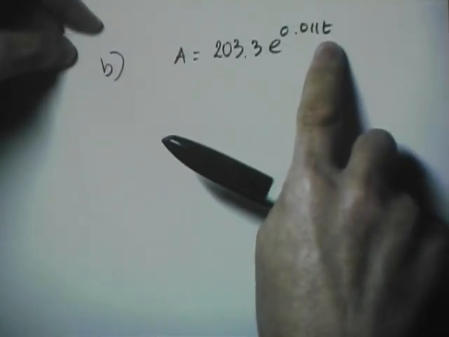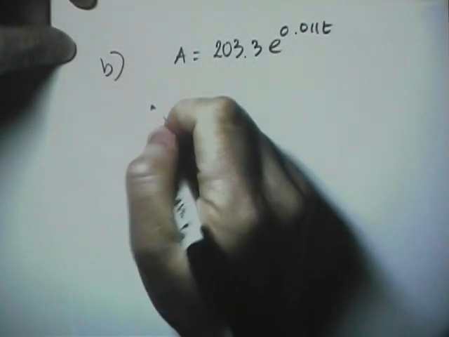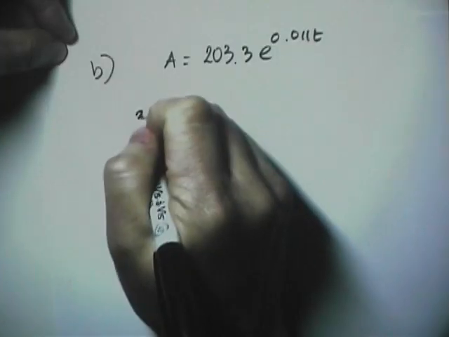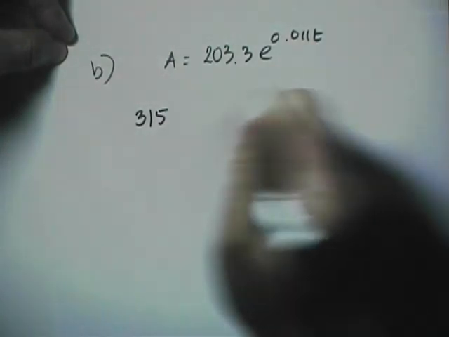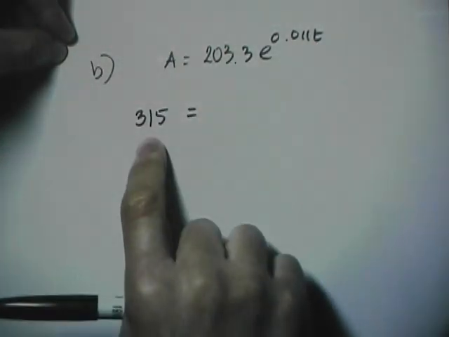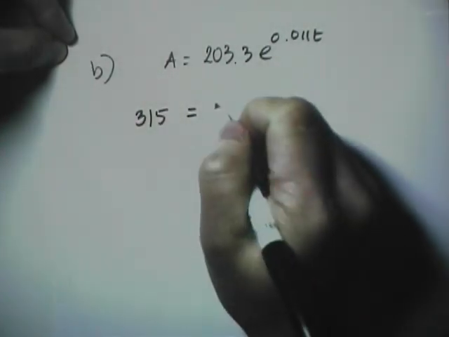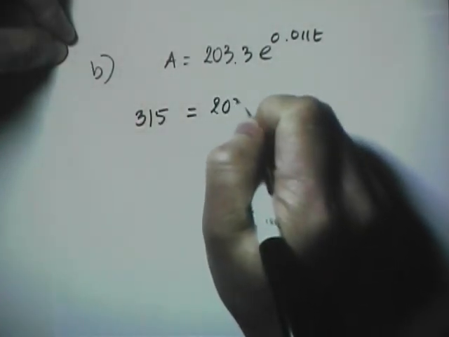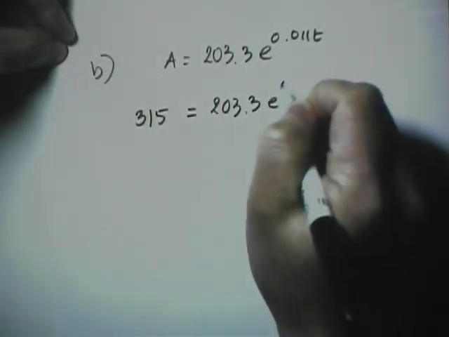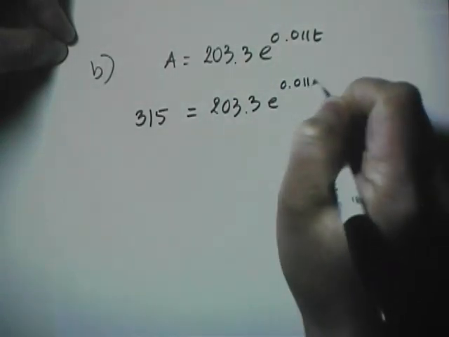Now, I want to find out how much time that is. My expectation is that I want my population to be 315 million. So I'm going to plug 315 million into the left side, and my right side is everything the same, 203.3 e to the 0.011t.